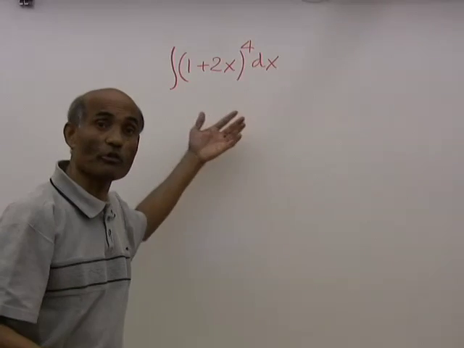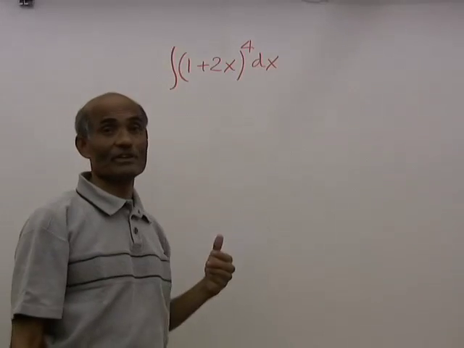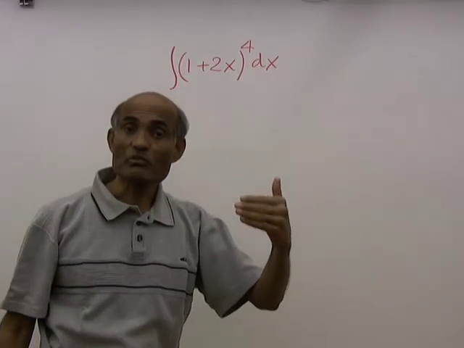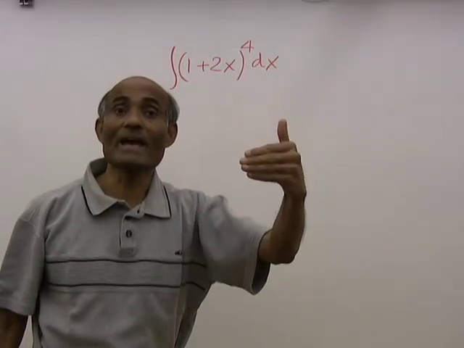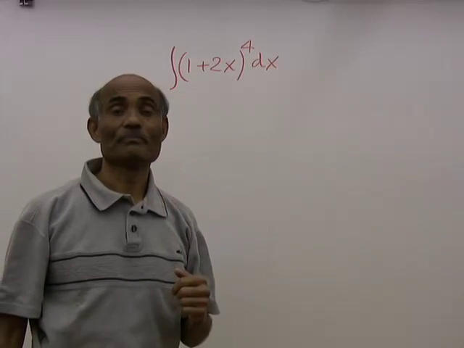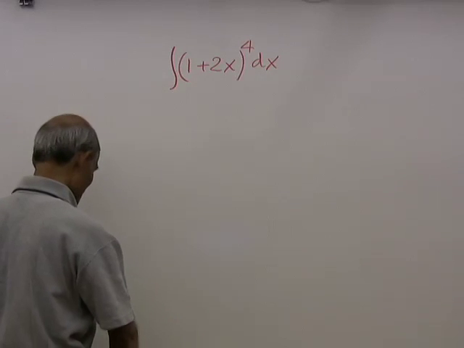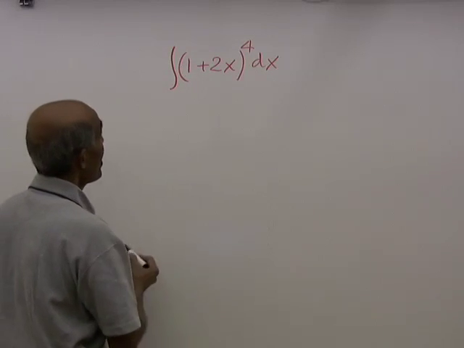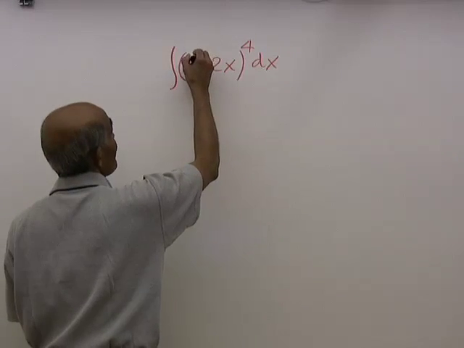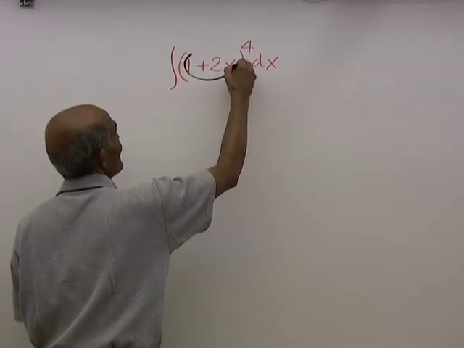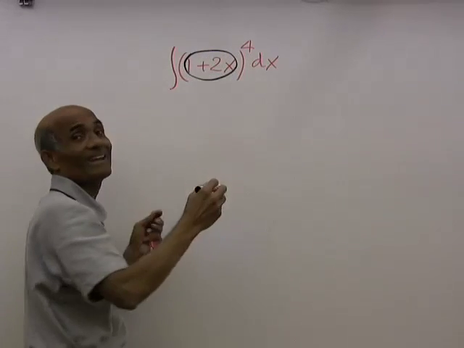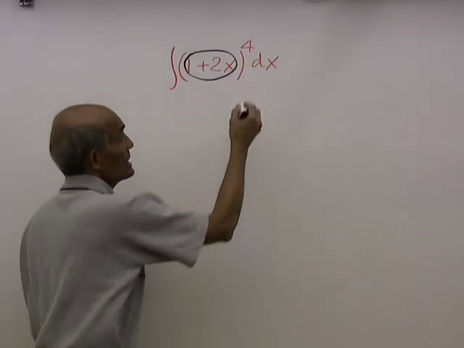Now, is it possible to bring this to the form integral u to the power of n du by an appropriate substitution? Yes, we can do that by calling the quantity inside equal to u. So let's do that.